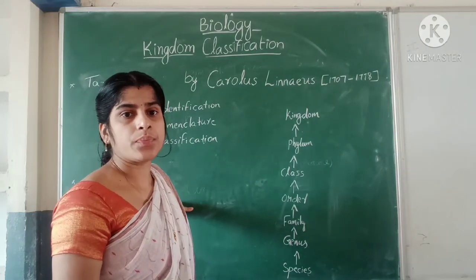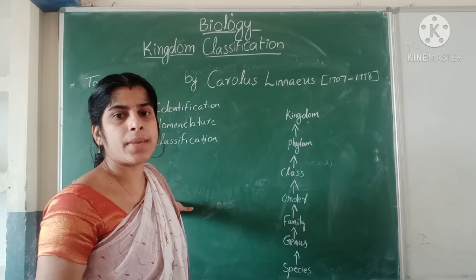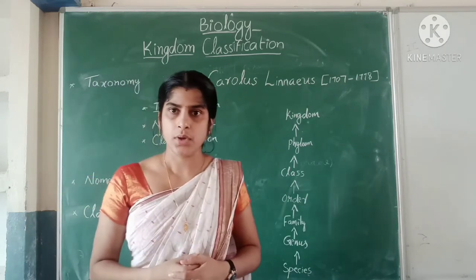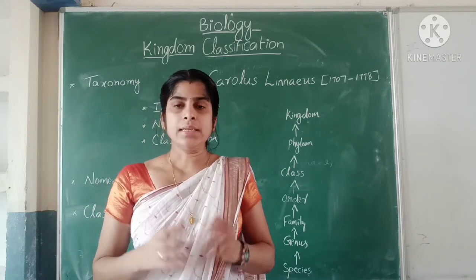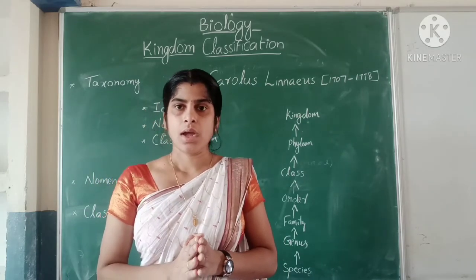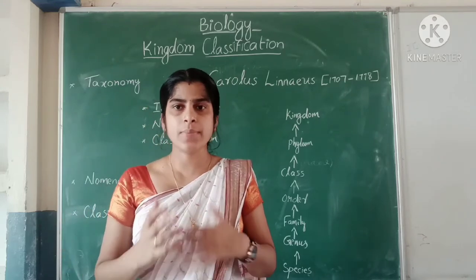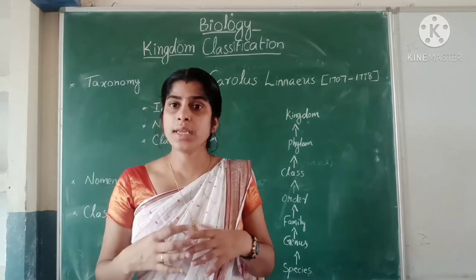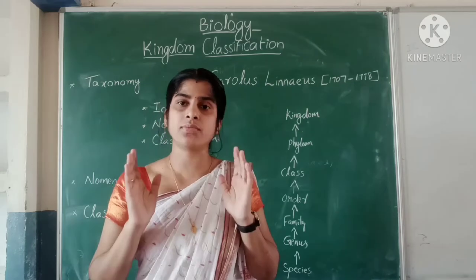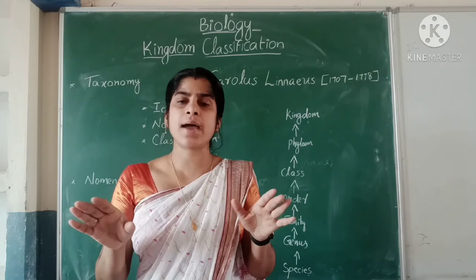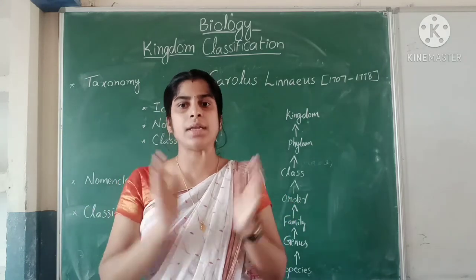Multiple local names make it extremely difficult to identify an organism. You know that for a dog, every language has a different name, so it will be confusing. So we need one common name for the organism, each and every organism having a common name, that is the scientific name.